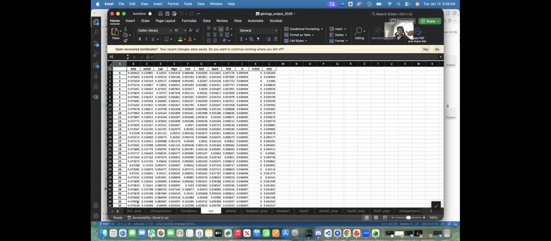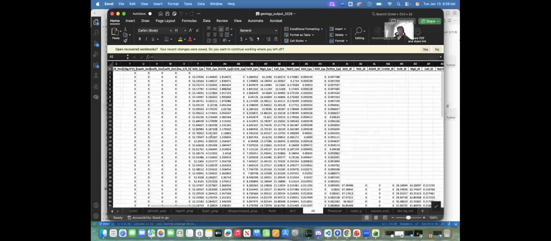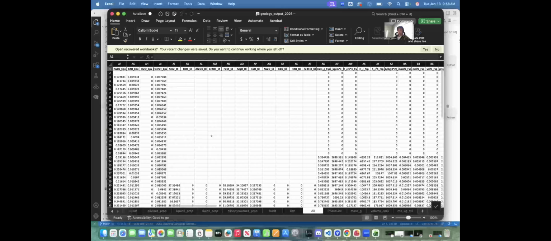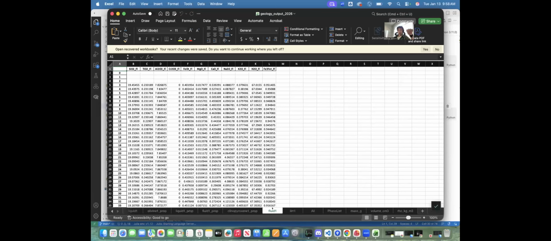So in here, one of the sheets in this Excel notebook would be all, and this is the big combination, including everything that formed during the crystallization calculation. Whereas every other sheet will be the individual parameter at that step, essentially. Awesome. If that makes sense. Good.